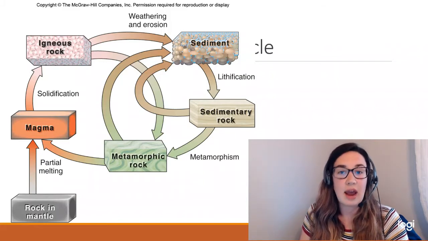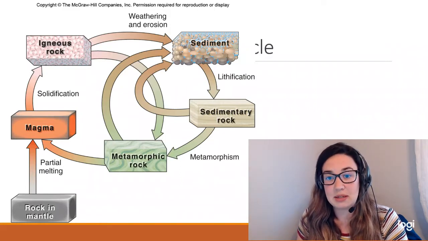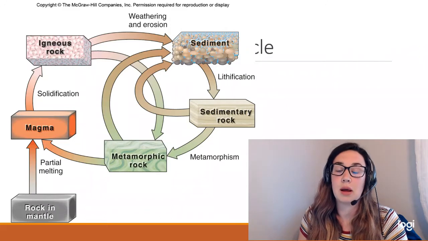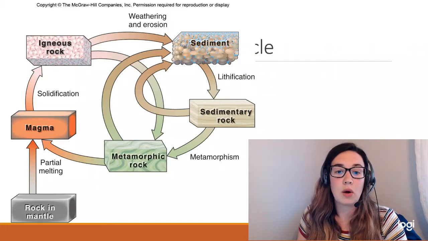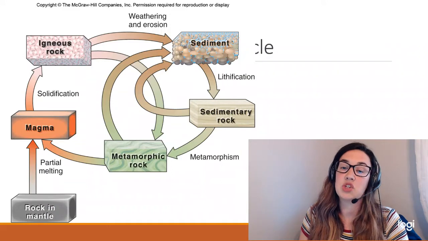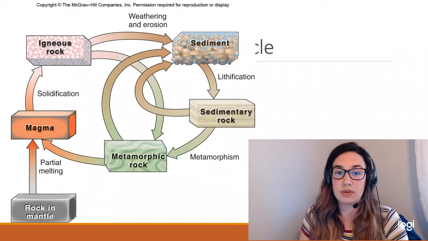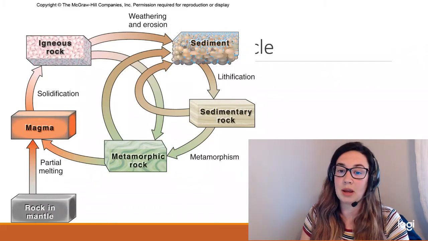And so if that happens in an igneous rock, then it can become sediment, which then can become sedimentary rock. If you remember, that's how sedimentary rock is formed. Also, igneous rock can also become metamorphic rock because it can change from one type to another over time, either through heat or pressure. And so our igneous rock can become either one of those.